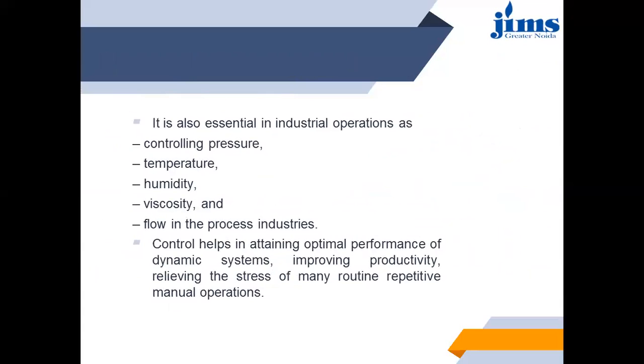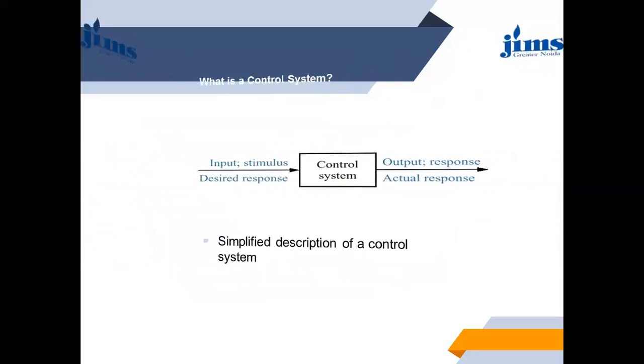It is also essential in industrial operations, such as controlling pressure, temperature, humidity, viscosity, and flow in the process industry, so as to control not only these factors but also any external disturbances. Control systems play a vital role here. Controls help in attaining optimal performance of dynamic systems, improving productivity, and relieving the stress of many routine repetitive manual operations.